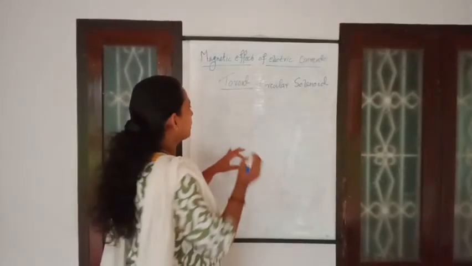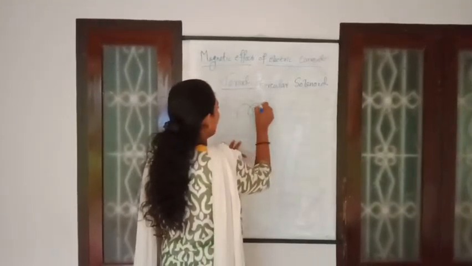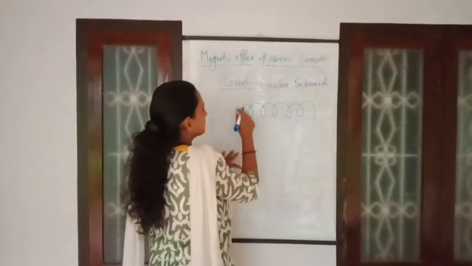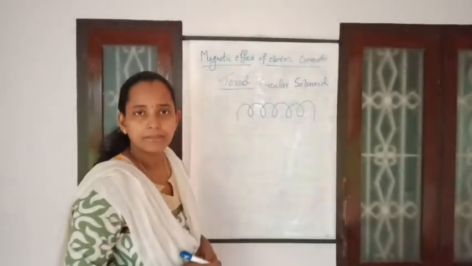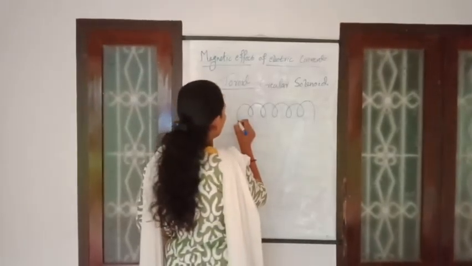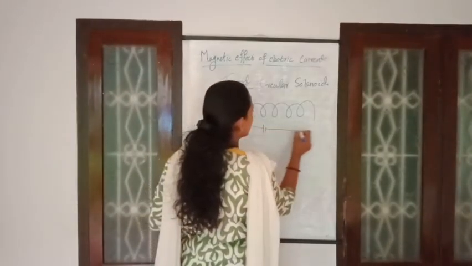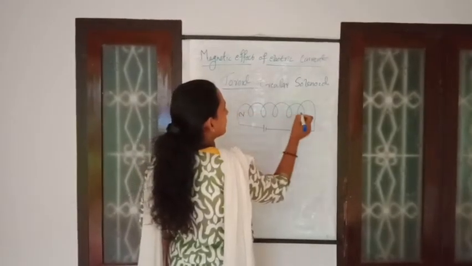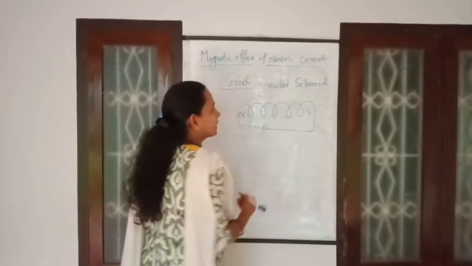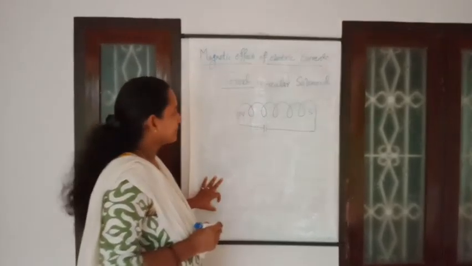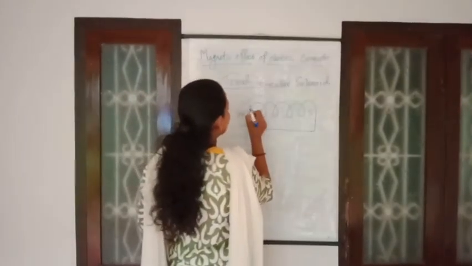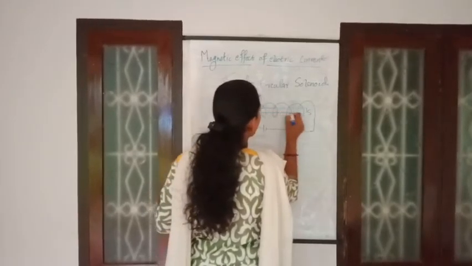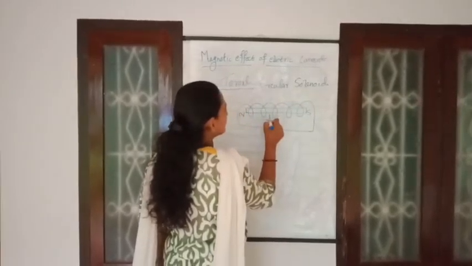That means we know that a solenoid is a long wire which is wound like this, and when the current starts to flow through it, it will produce a magnetic field. One end becomes the north pole and the other end becomes the south pole, and you can increase the strength of the magnetic field of the solenoid by inserting an iron piece.